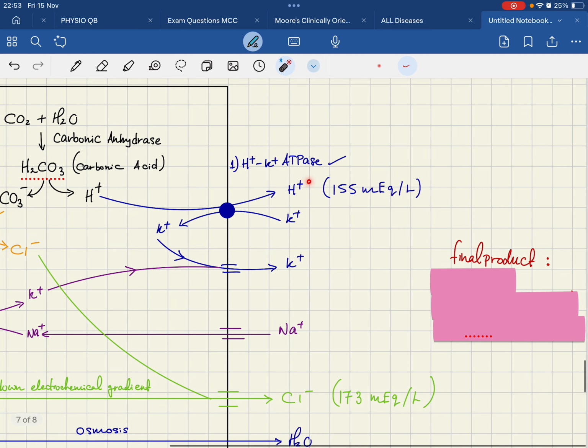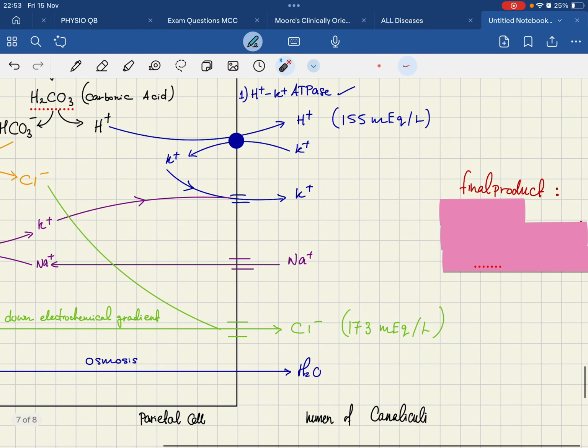So we have H plus in the lumen, and the concentration will be 155 milliequivalents per liter.